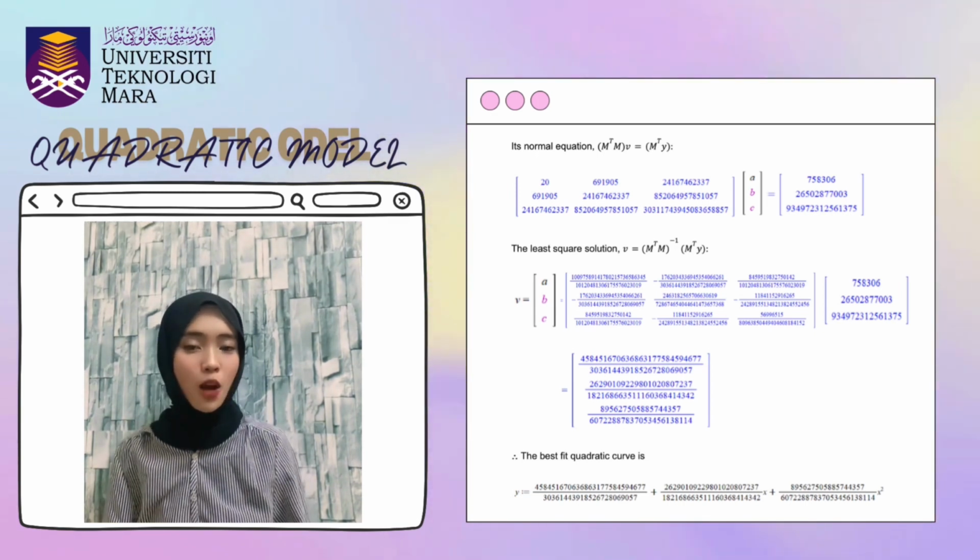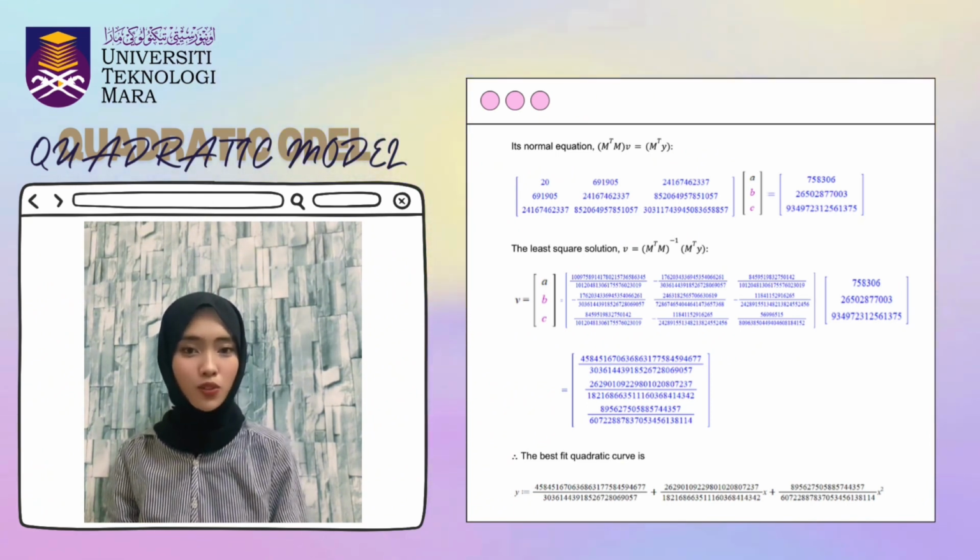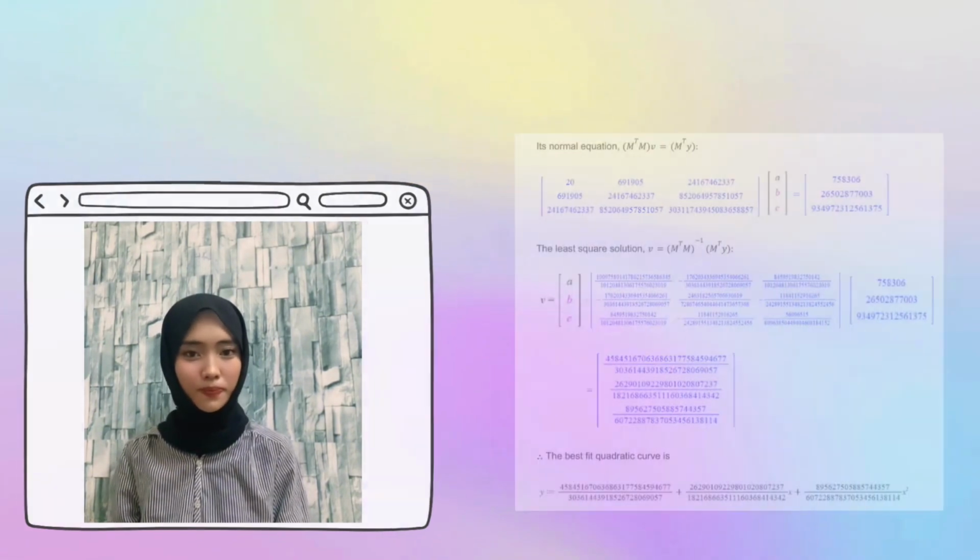And lastly, we find the inverse of matrix M transpose M by using Maple. When we get all the values of M transpose Y, M transpose M, and also the inverse of matrix M transpose M, then we can substitute the values in the normal equations and the least square solution to find the best fit quadratic curve.